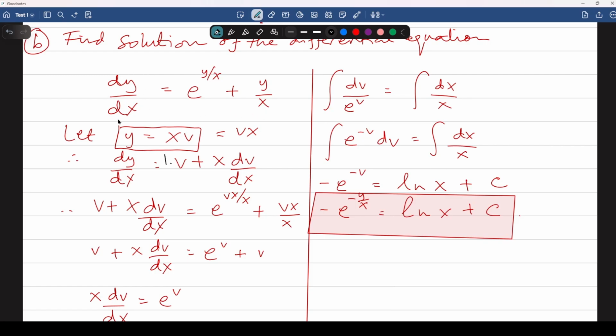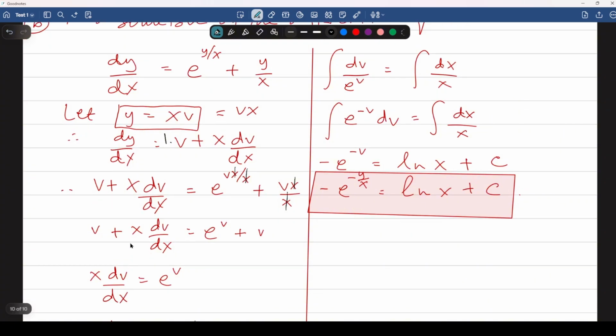We can substitute this dy/dx with our new dy/dx, which is v plus x dv/dx. So we have v plus x dv/dx equals e to the power of y over x plus y over x. Since y equals vx, we substitute y equals vx divided by x in both places, and the x cancels.